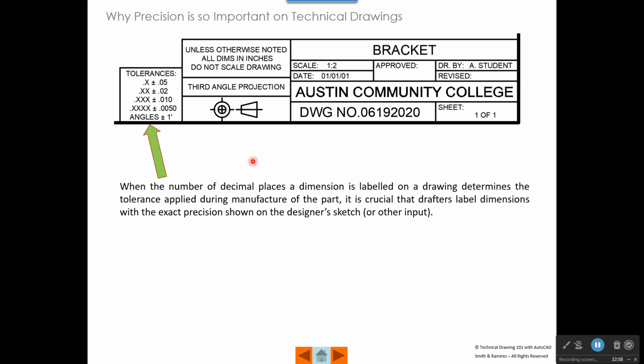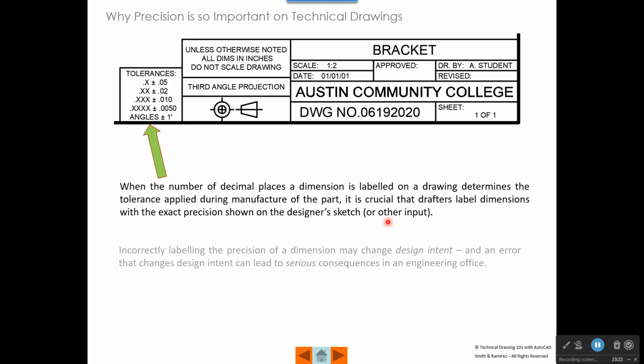If the number of decimal places a dimension has on the drawing determines the tolerance, when the drafter makes that drawing, it's important that you follow the exact precision that was on the designer's sketch or other input. Whatever the designer gave you to draw that up with, you need to follow the precision exactly.